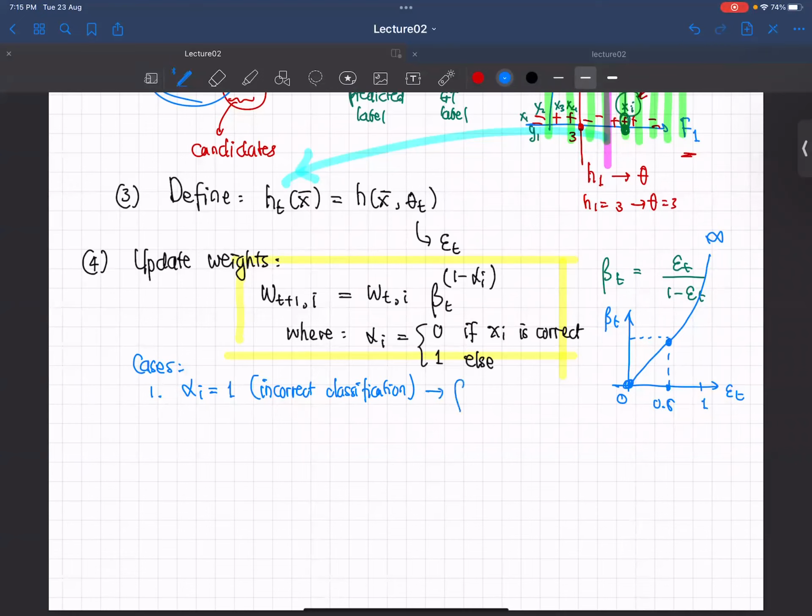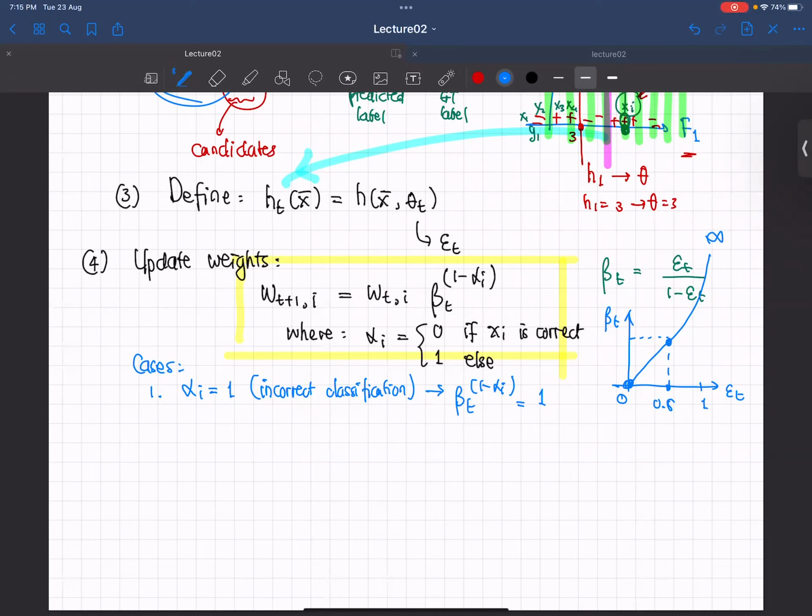For this incorrect classification, what will be the value of beta_t to the power of 1 minus alpha_i? Sorry, I made you confused. If it is an incorrect classification, then alpha_i equals 1 and beta_t to the power of 1 minus alpha_i equals 1.